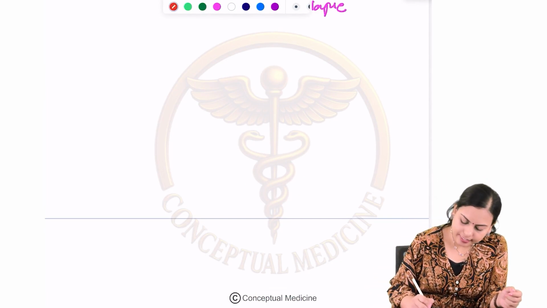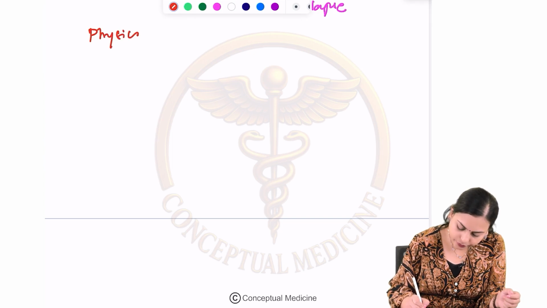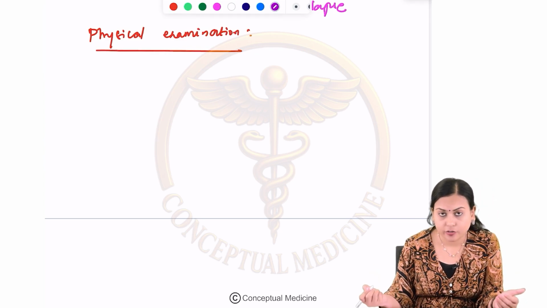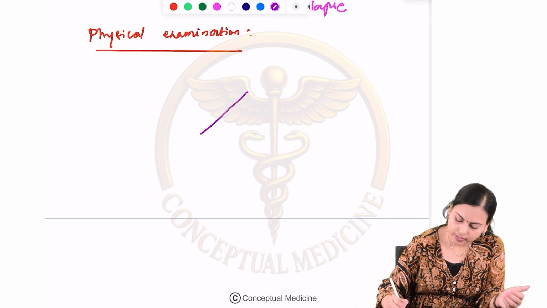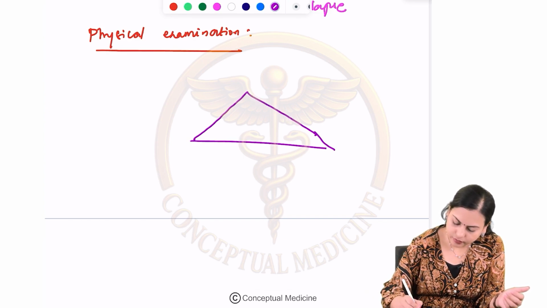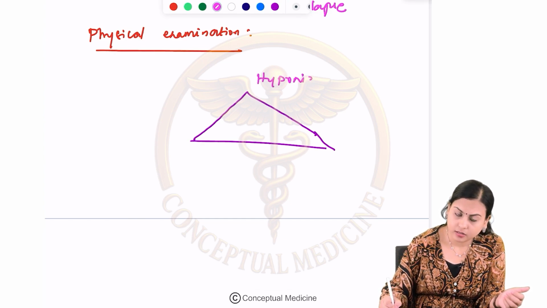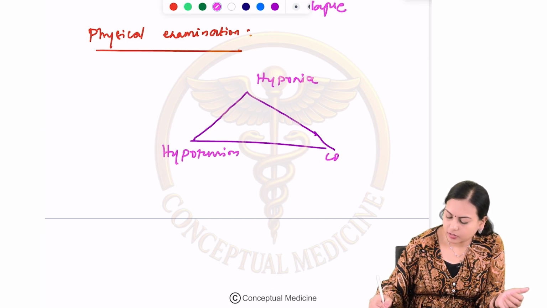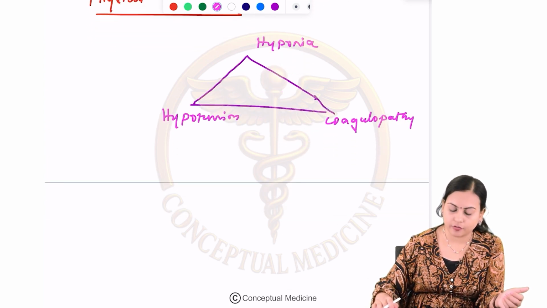So when you do physical examination of the patient, you will be able to see a classic triad of amniotic fluid embolism, which consists of hypoxia, hypotension and coagulopathy. So this is the triad of amniotic fluid embolism.